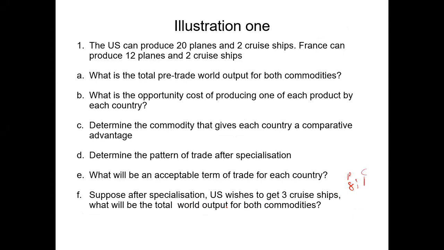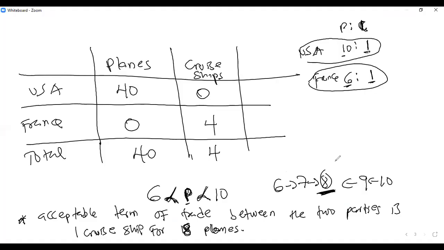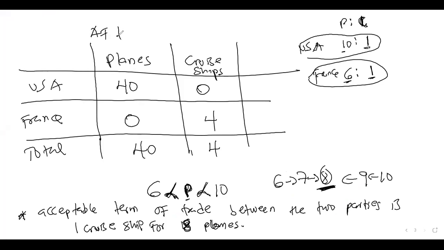So if US wishes to get 3 cruise ships, they must be willing to sacrifice 24 aeroplanes. All right. So this is the after specialization.